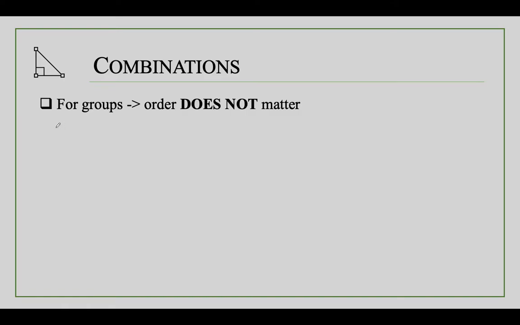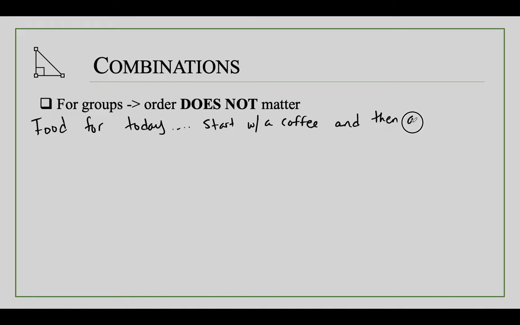So let's say you are trying to figure out the food you want for today. Food for today. You're going to start with a coffee, and then go to your fave lunch spot.